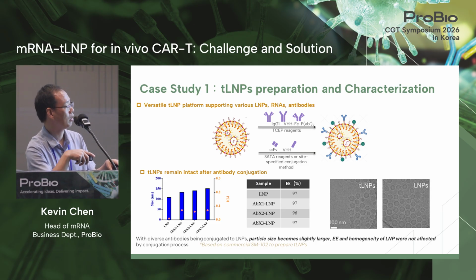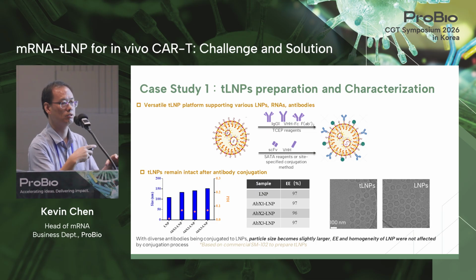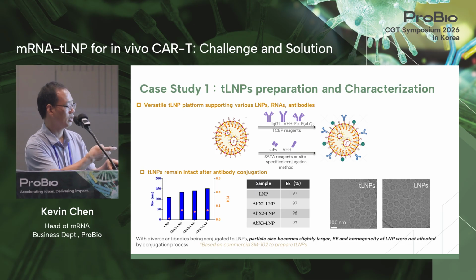You can see when we load different amounts of antibody, the size increases. That is quite easy to understand, because when you conjugate more antibody to the LNP surface, the size will be larger, right? The encapsulation efficiency is quite stable, 96 or 97 percent, and the shape under the microscope is also quite good, very even.